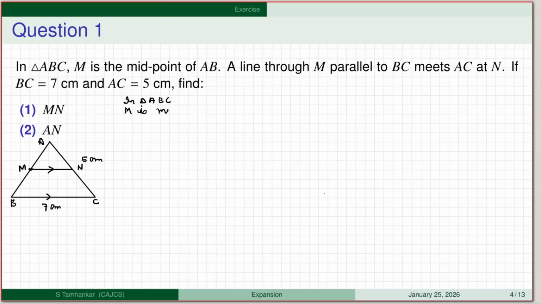M is the midpoint of AB. This is given to us. And MN is parallel to BC. This is also given. Therefore, I can say that N is the midpoint of AC.